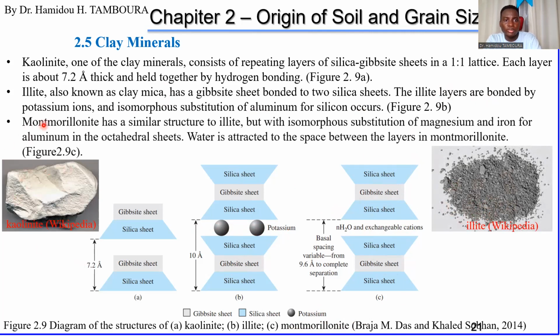The last one has a similar structure to illite, but with isomorphous substitution of magnesium and iron for aluminium. So this means the aluminium is replaced by something else, magnesium or iron.